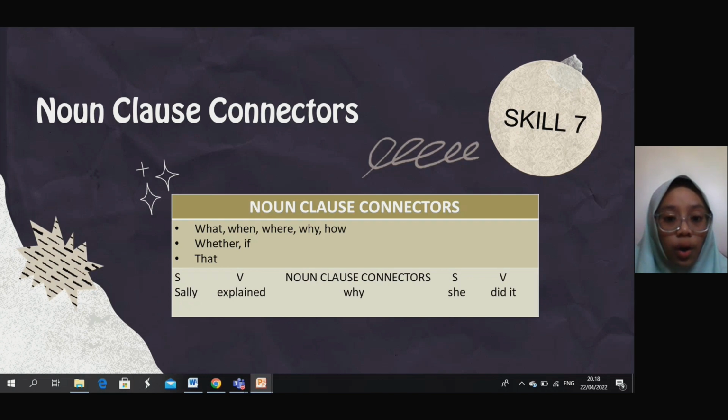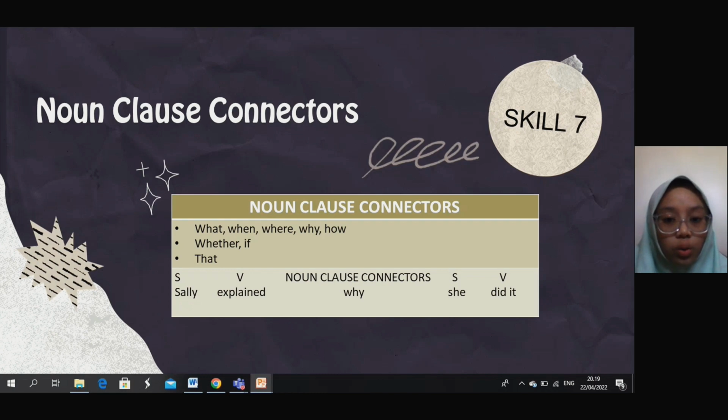So, noun clause connectors are like what, when, where, why, how, whether, if, and that. For example, Sally as a subject, explain as a verb, and why as a connector. After the connector, there must be a subject and a verb.